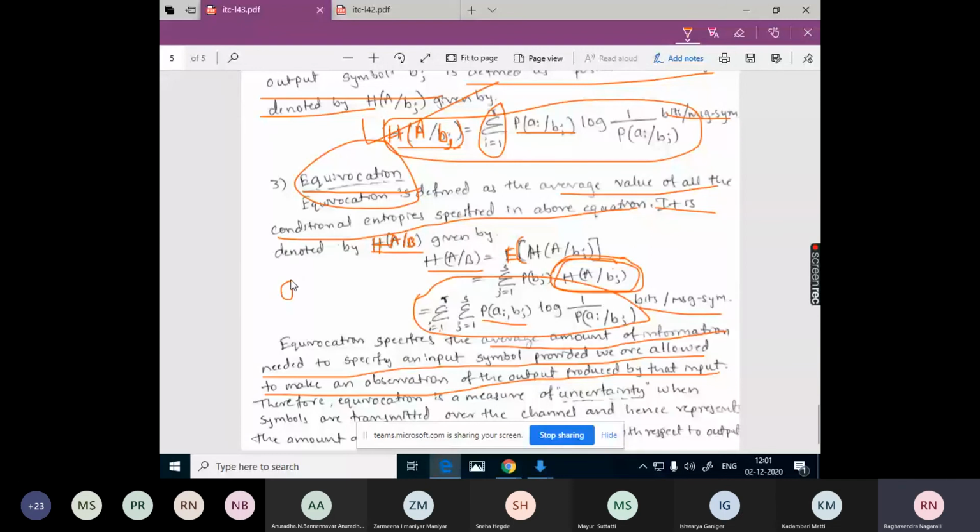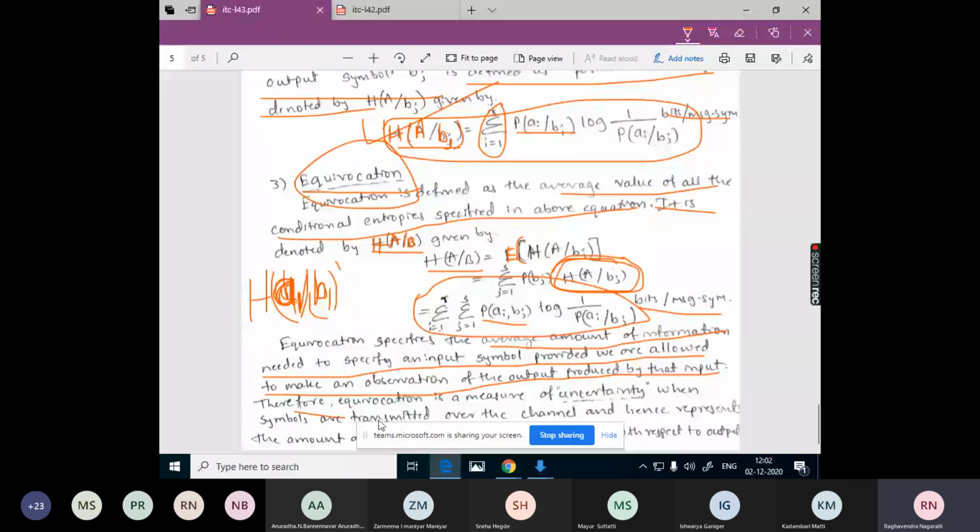So for example, A1 is transmitted and B1 is received. If we are allowed to make an observation of the output produced, which is B1, if we know this value, then we can calculate, if B1 is received, what is the probability of A1 being transmitted from the sender side, and what is the average amount of information for this condition, P of A1 by B1.